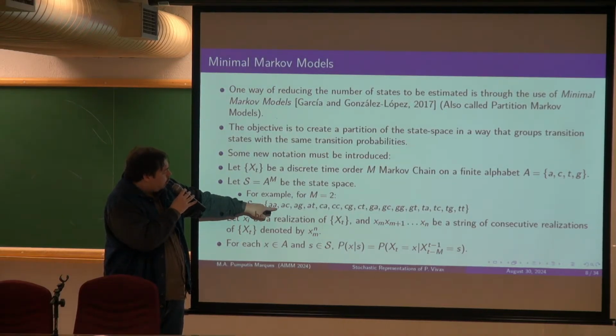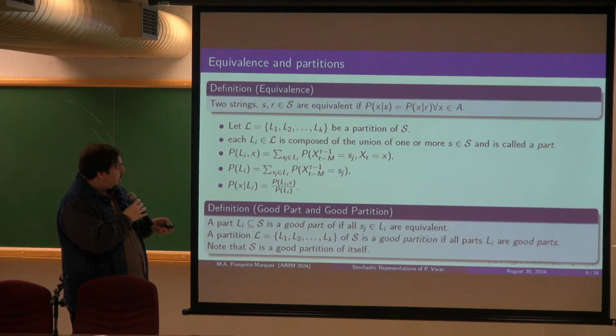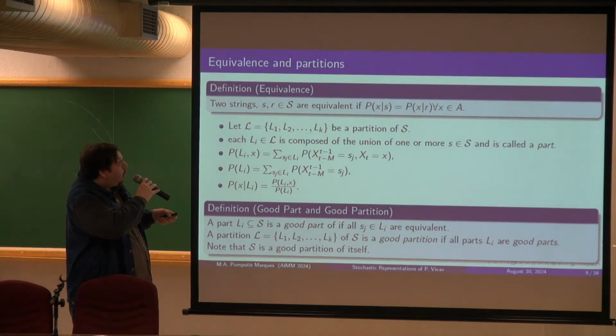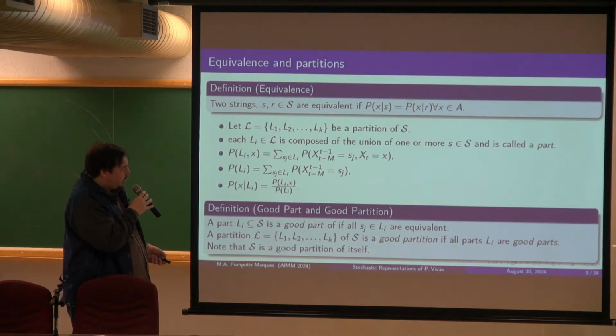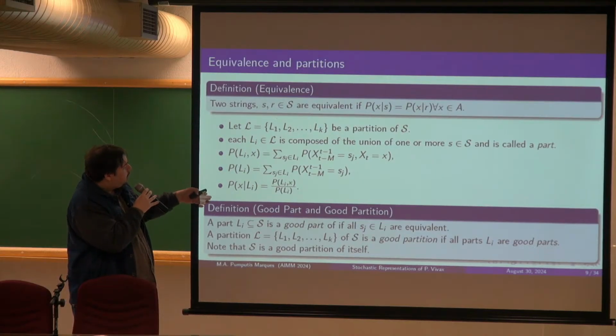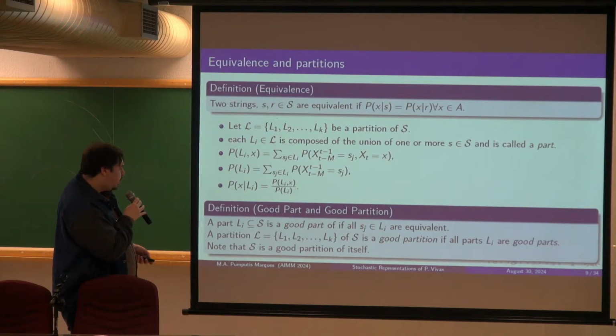So we can write a part L1 that's composed of AA and AC. We can find the probability of an L_i by adding the probability of the individual strings, and this is the joint probability. We can also have only the probability of L_i, and with both of them we can define the conditional probability as usual.